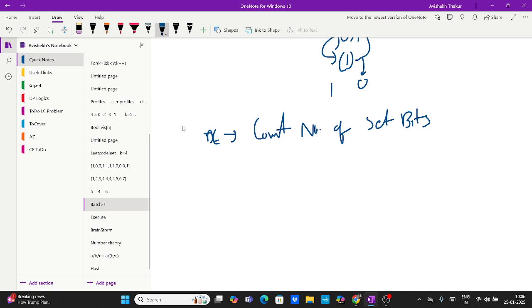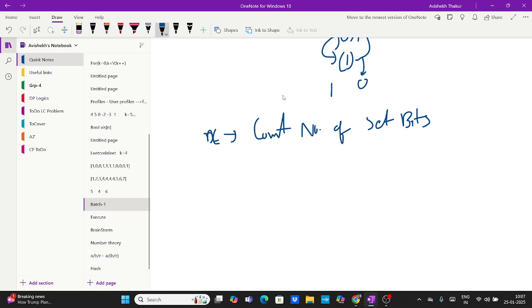In Java, we have an inbuilt function, that is bit count. Yes, that's a good thing to know. But we will not use a library. We will do the manual one. That is an operation, correct. So bit count helps you on that.